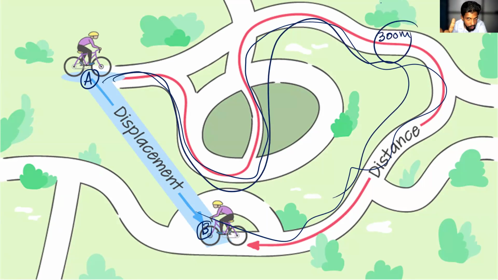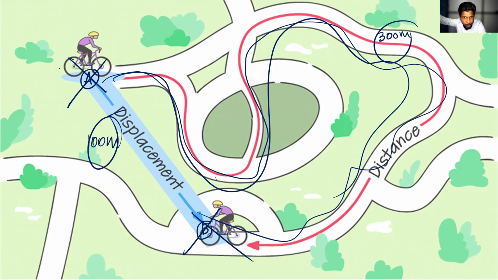That is the distance. Displacement means the length between the starting point and the ending point, and it must be a straight line. That is called displacement. We'll say 100 meters.